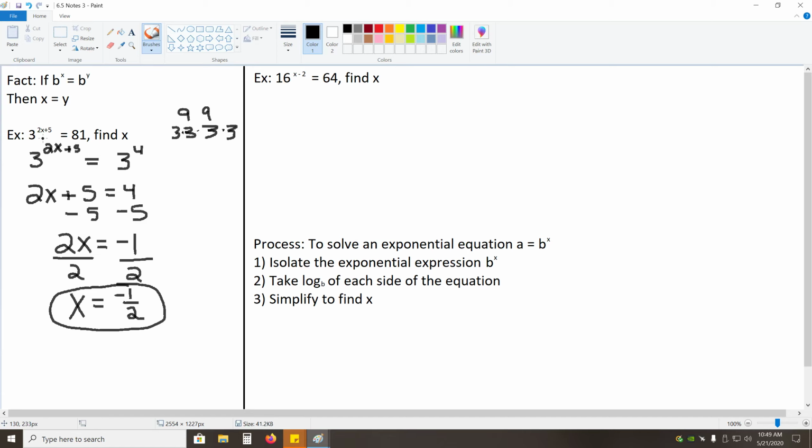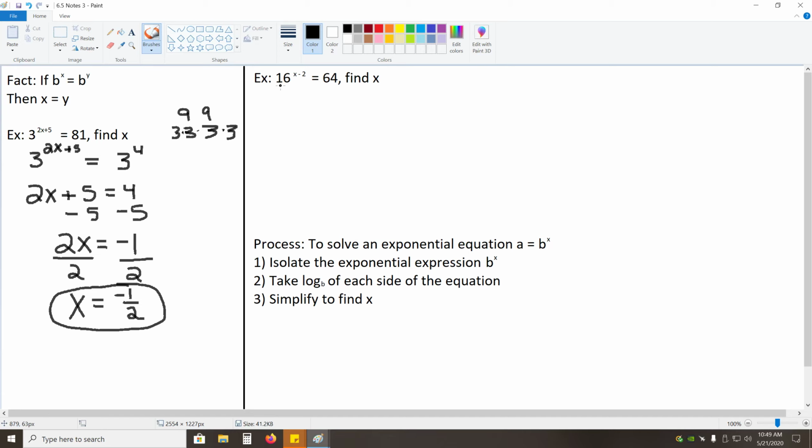If you plug negative 1/2 back in for x, 2 times negative 1/2 would give negative 1, plus 5 would give positive 4, and 3 to the 4th power is 81. So it does end up working out after a check, and that's always a good way to go back through and make sure you got this correct.